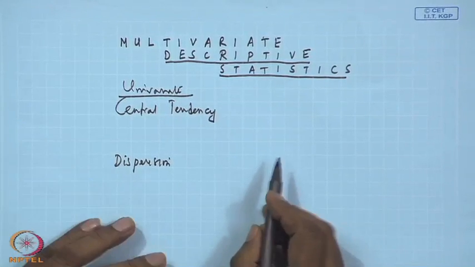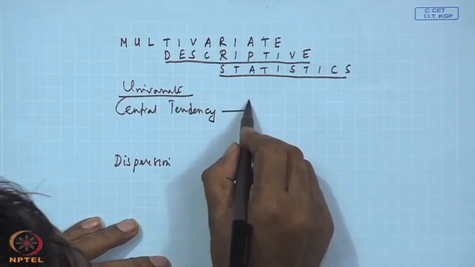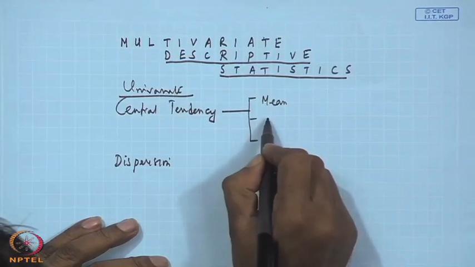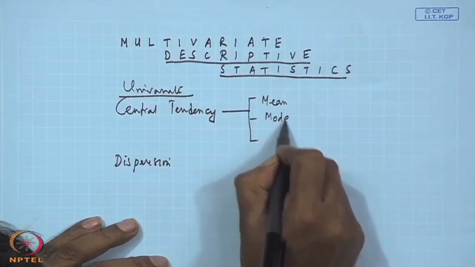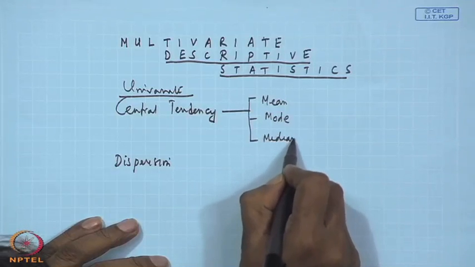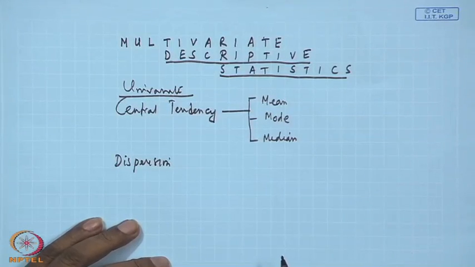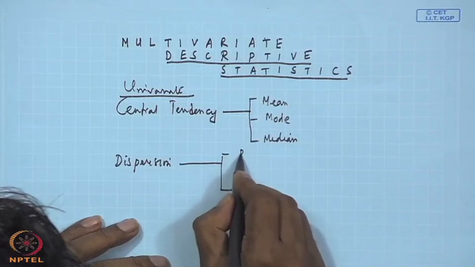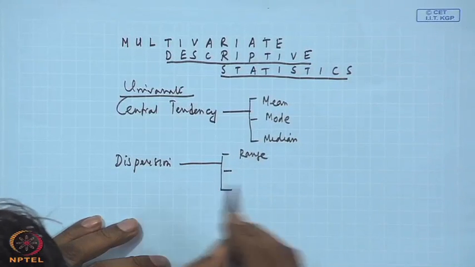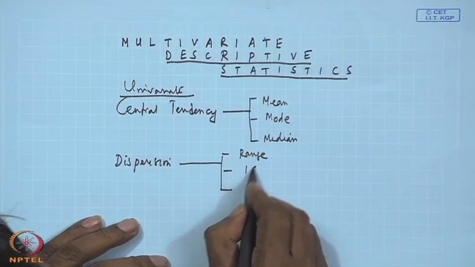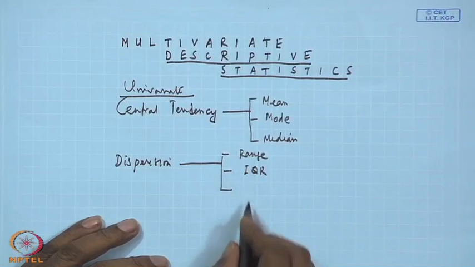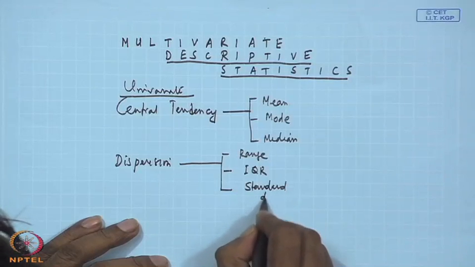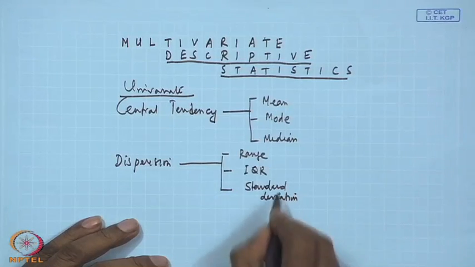Now, central tendency you have measured in univariate case using mean, then your mode and median. These are the measures we have adopted, and under dispersion you have used range, then I think IQR, interquartile range as well as standard deviation.